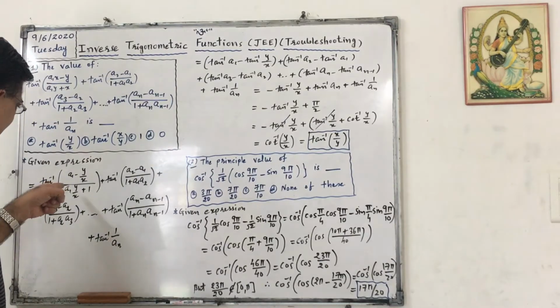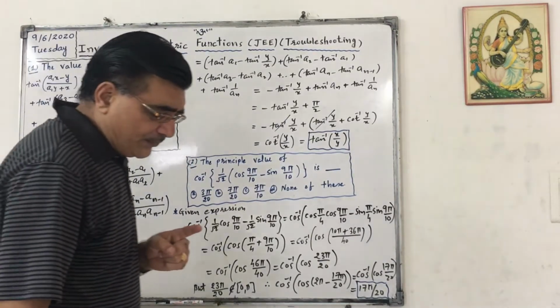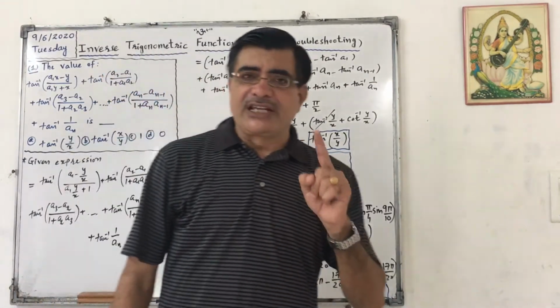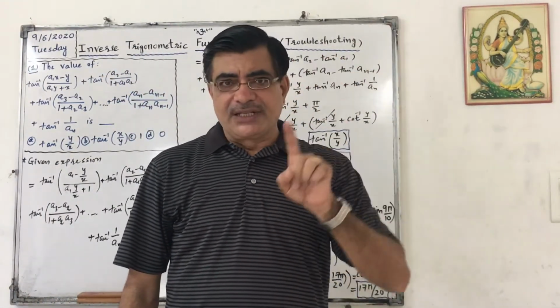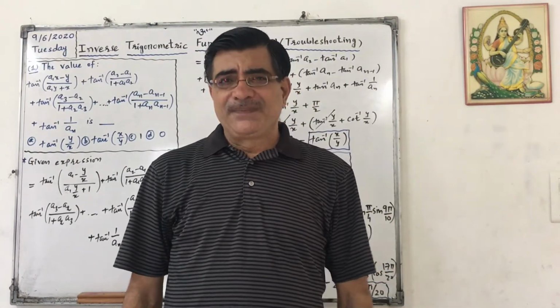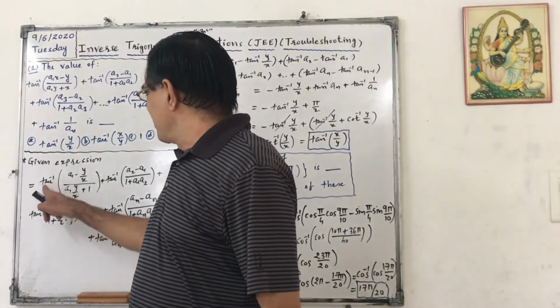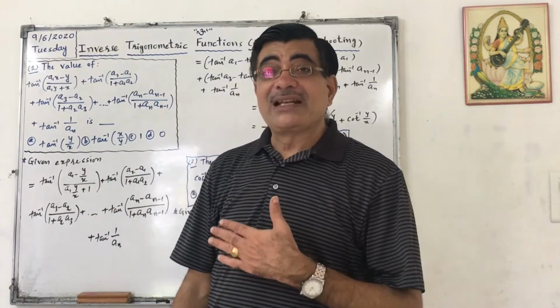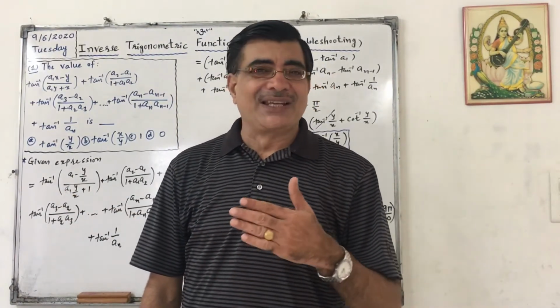Now we know that tan inverse of alpha minus tan inverse of beta equals tan inverse of (alpha minus beta) upon (1 plus alpha beta). So here it is tan inverse of (alpha minus beta) upon (1 plus alpha beta), so we can write tan inverse of alpha minus tan inverse of beta.